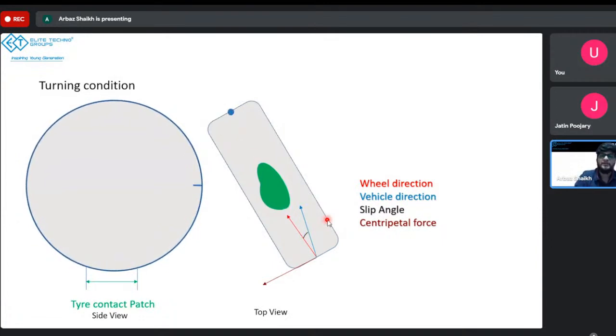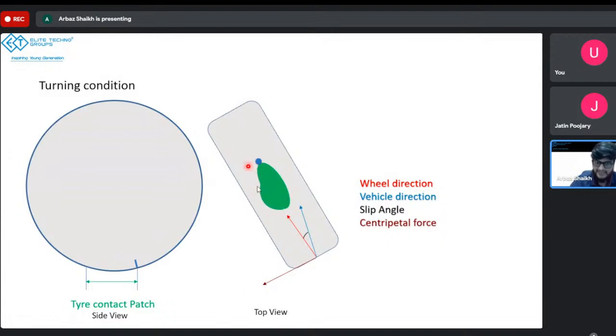Imagine this to be one molecule on the tire, and that molecule is represented by a straight line in the side view. When the tire rotates, this molecule will approach the contact patch till here, going in a straight line. When it touches the contact patch, there is a centripetal force acting in this direction. One more thing I forgot to mention: the tire is deformable and elastic, made of rubber, so it will deform slightly.